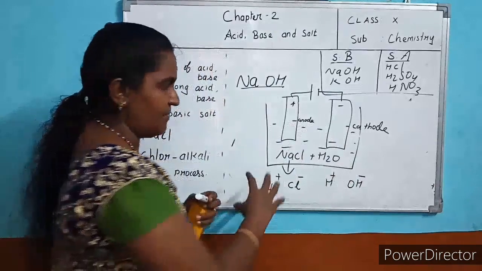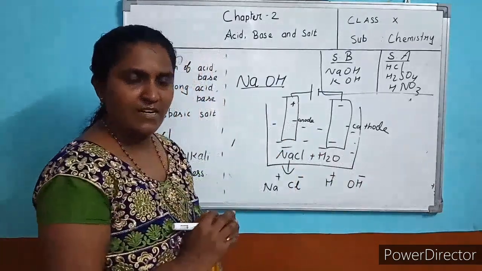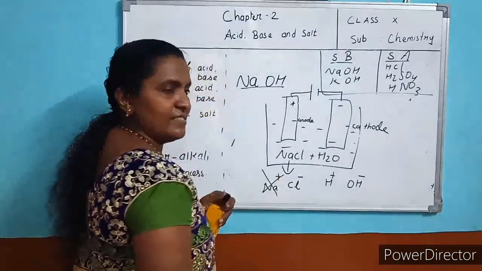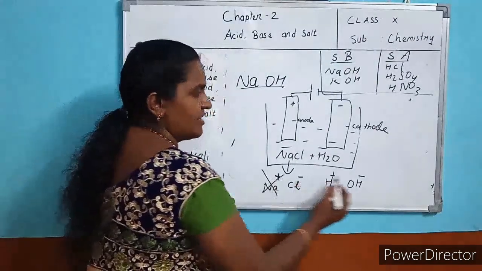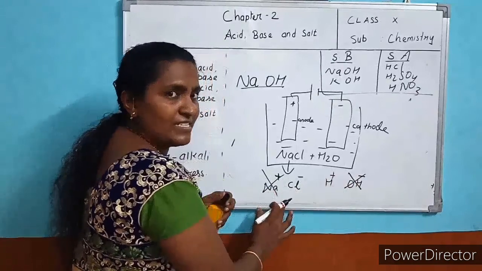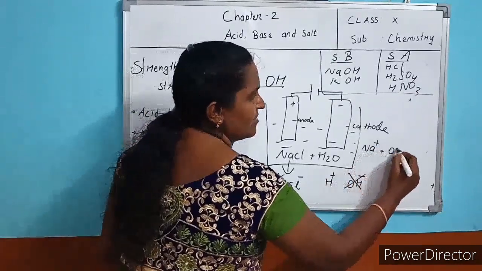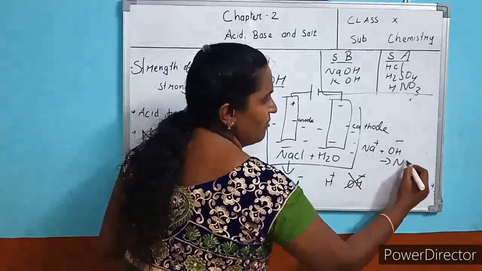These are the ions present in the solution. Understood? Now Na plus joins with OH minus, and what do you get? NaOH.